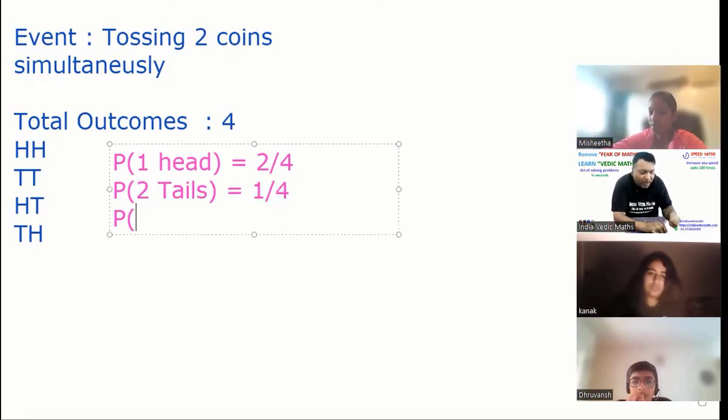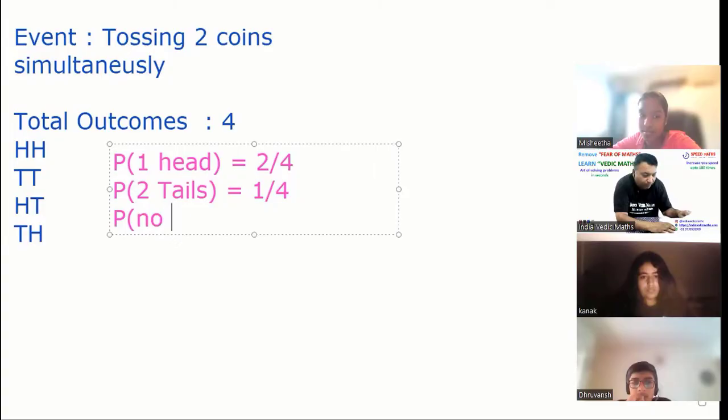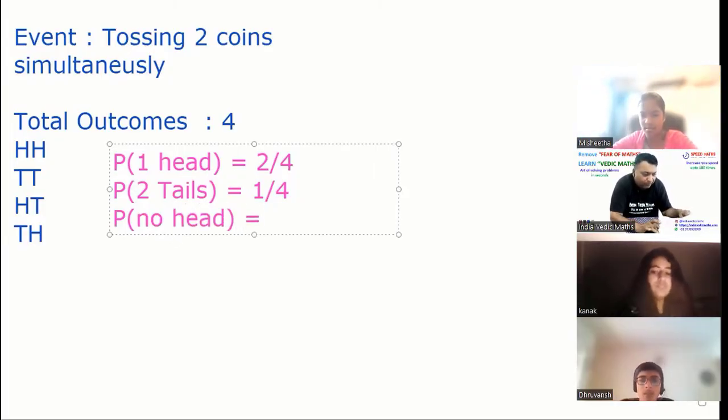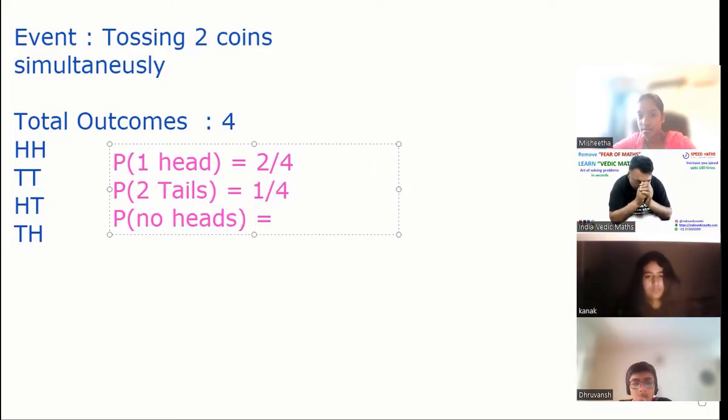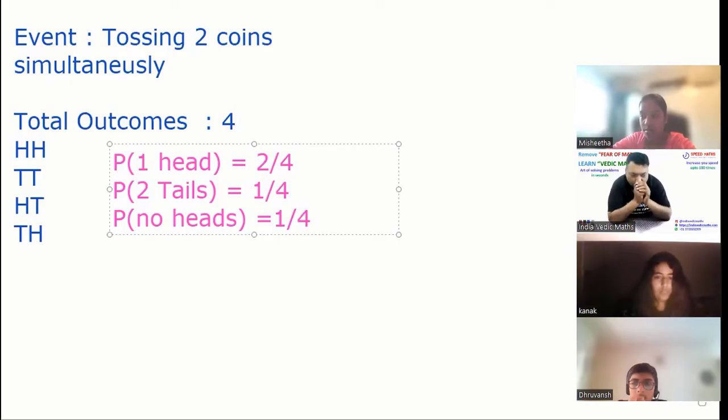Tell me, everybody, what is the probability of getting no head? Explain, Kanak. 1/4, correct. Why? Only tails and tails is favorable, because all other outcomes have a head. We need an outcome which has no head.